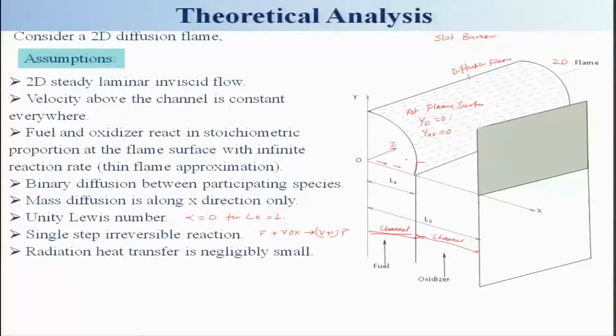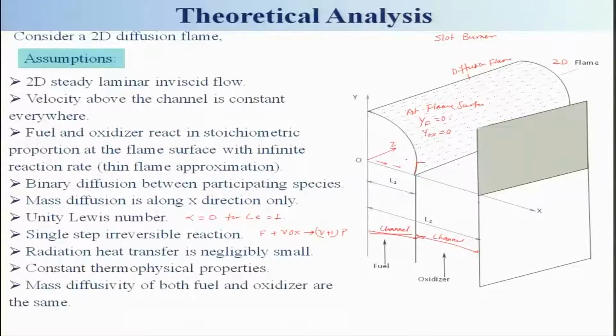And radiative heat transfer is negligibly small. The flame surface always will have radiation, but we are not considering it, like in the premixed flame also we did not consider that. And constant thermophysical properties, as usual we have taken this assumption, and mass diffusivities for both fuel and oxidizer are the same.